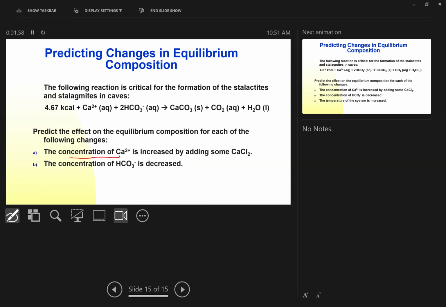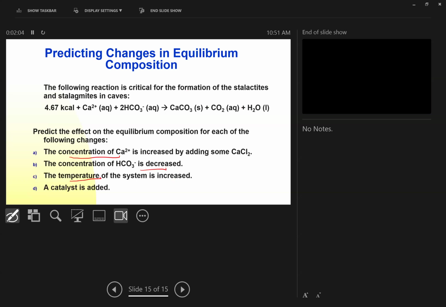What happens if you decrease the concentration? What happens if you increase the temperature? And what happens if you add a catalyst? We're going to see whether the equilibrium lies to the left, meaning more reactants are going to form, or lies to the right, meaning more products are going to form.